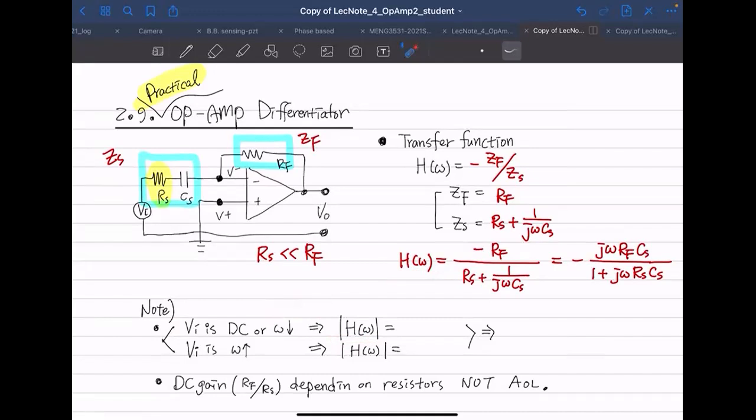Yeah, 0, because this is 0, this is 0, so 0 over 1 plus 0 is 0, right? So this is going to be 0. However, when the frequency is very large, or it's going to be infinite, what's going to be the value?